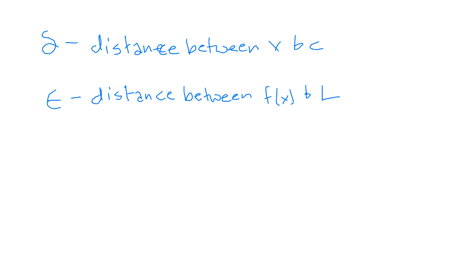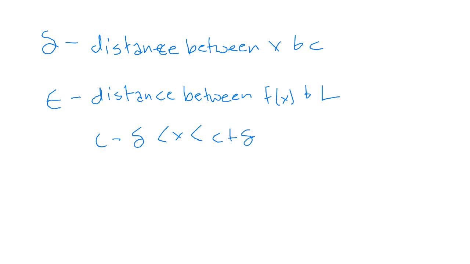So we can essentially write this down as saying that we have our c minus delta is less than x, which is less than c plus delta.